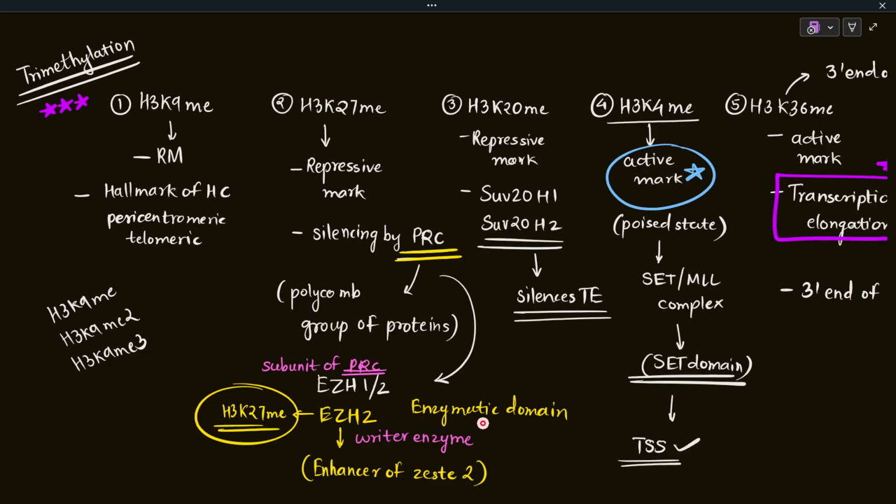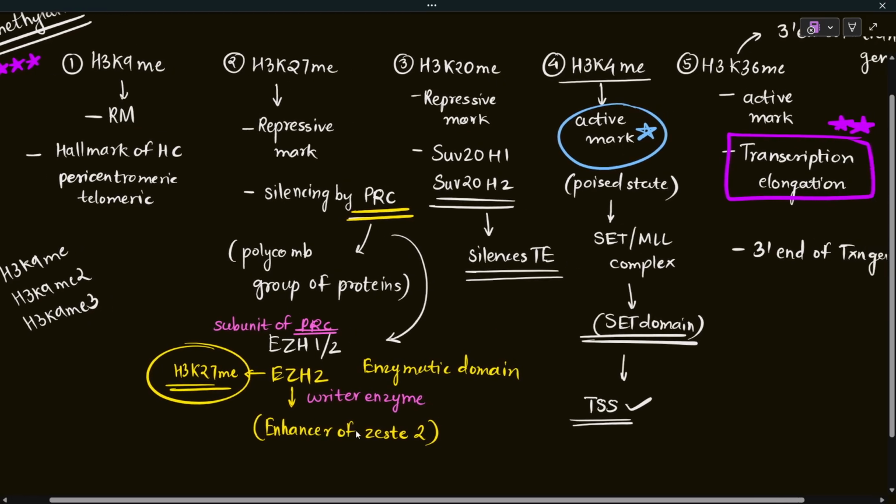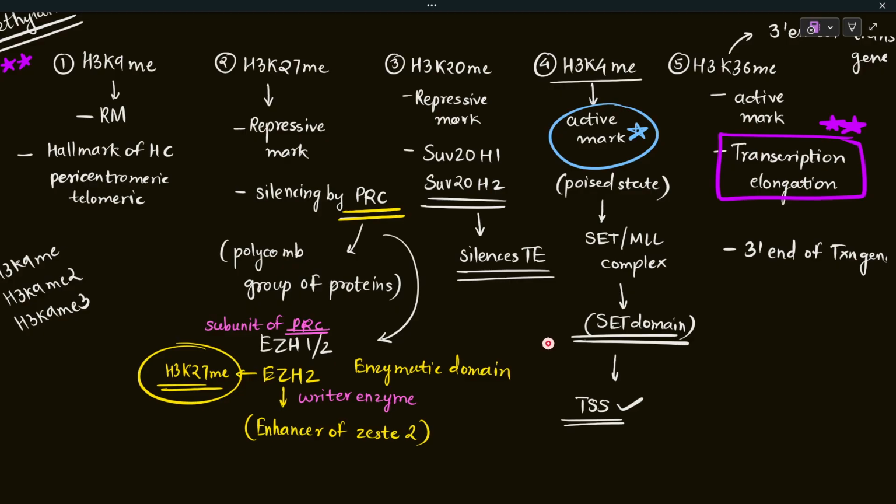So this is it for today. I have almost covered all of the important methylation marks in this lecture. But in tomorrow's lecture, we will learn about the enzymes.